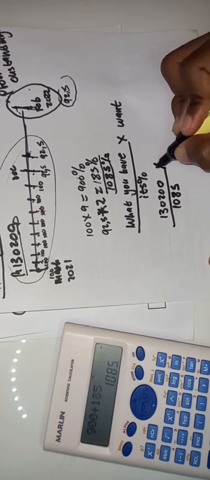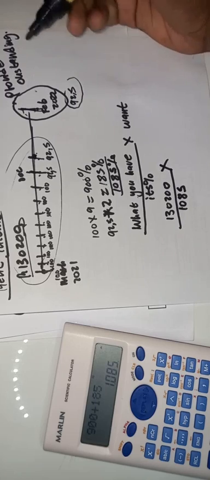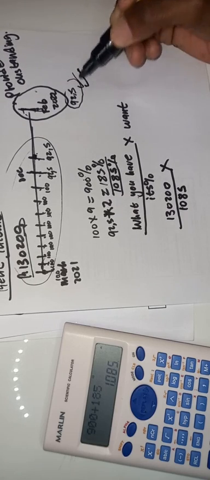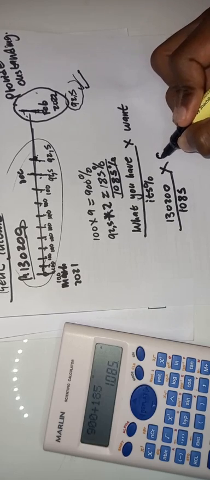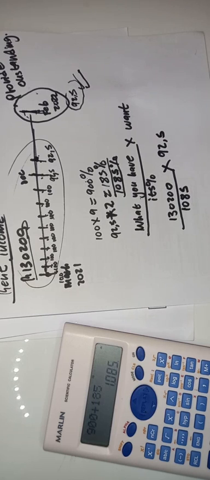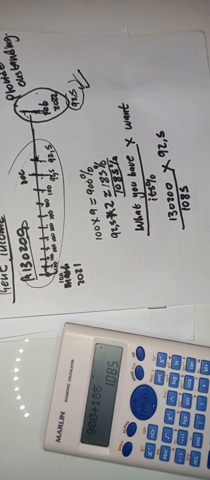Then multiply by what you want. You want to provide the rent for 1 month, which is February, and February is 92.5%. So we multiply by 92.5. You don't write the percent sign, you just say 92.5. Then you will get your answer for rent.